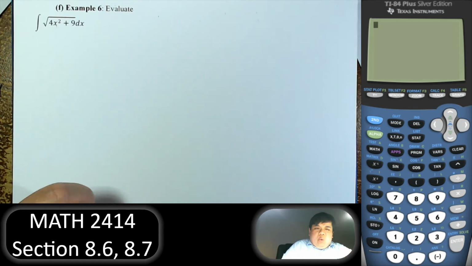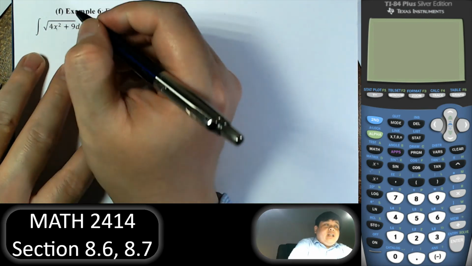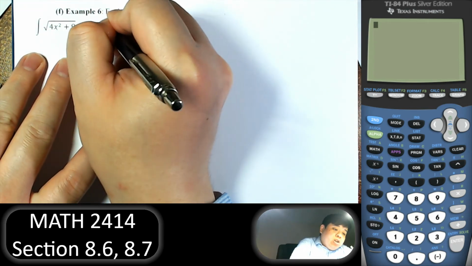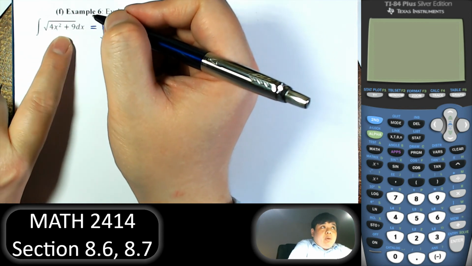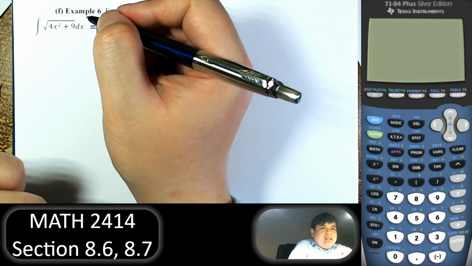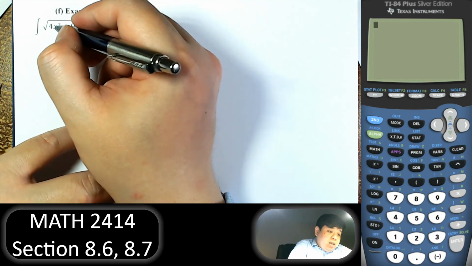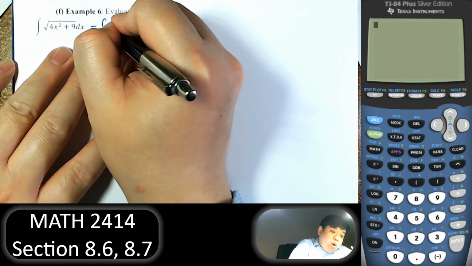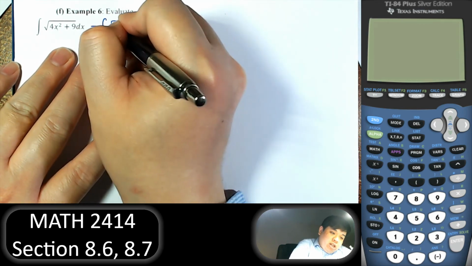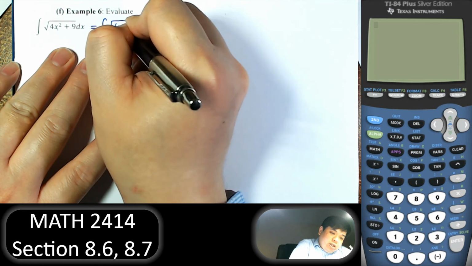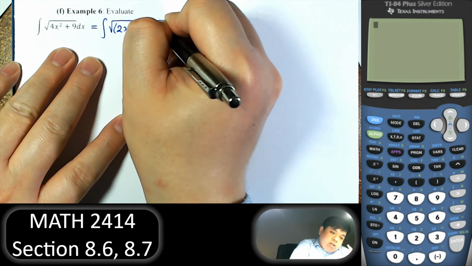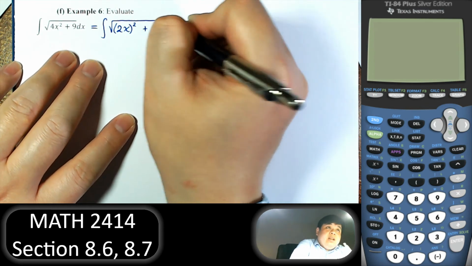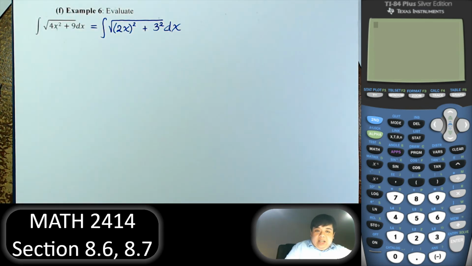Integrate this. We did a lot of this, so I'm not going to say this. But like I said, usually when we have something under the square root, we try to complete the square. But for completing the square, usually we have an x squared plus x or something like that. This is already completed. So we're going to say (2x) squared plus 3 squared, because it is already completed in terms of squares.